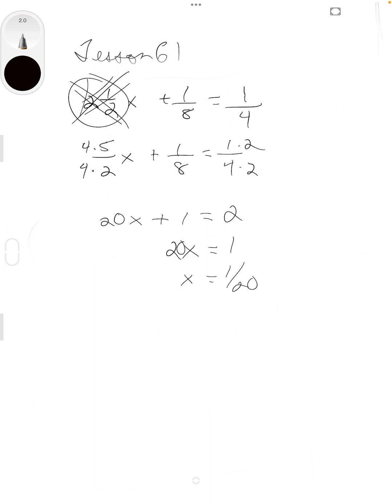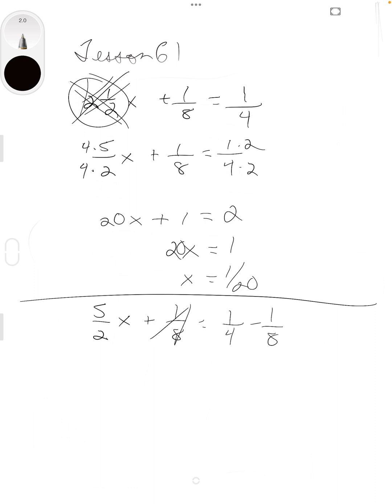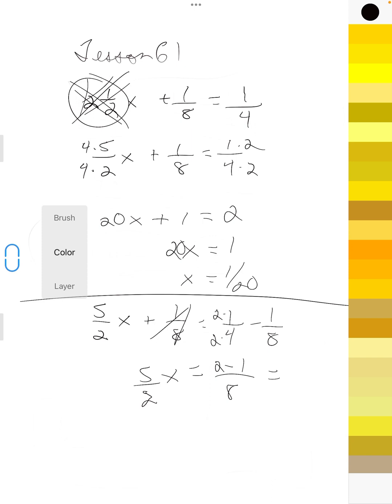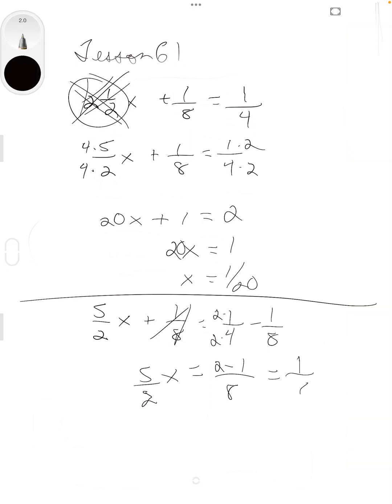I like this method rather than the alternate method. Again, the alternate method, starting with 5 halves x plus 1/8 equals 1/4, would be to subtract 1/8 from both sides, get a common denominator. This becomes 2 minus 1 over 8 equals 5 halves x, that's equal to 1/8.